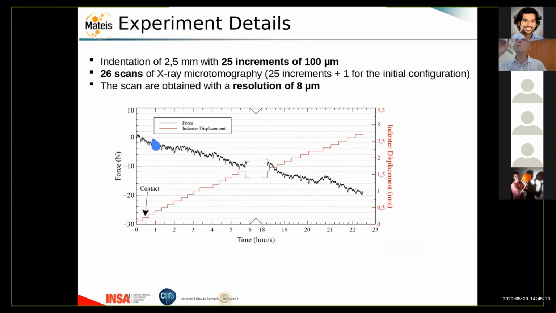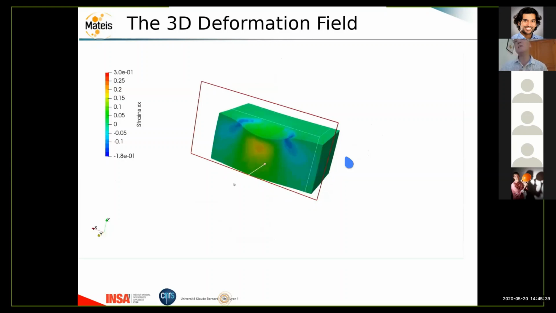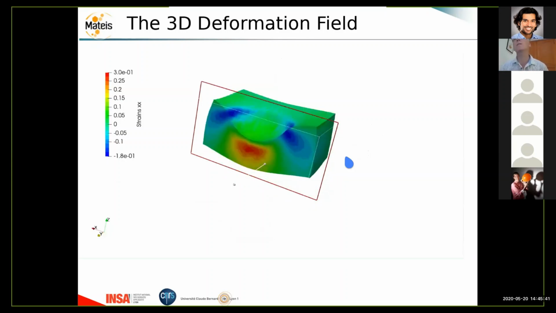It is full of little white spots, which are used to make a full DVC, digital volume correlation, calculation of the strain field in the material. And I just show you this illustration. This is the experimental strain field that we calculate with the test.